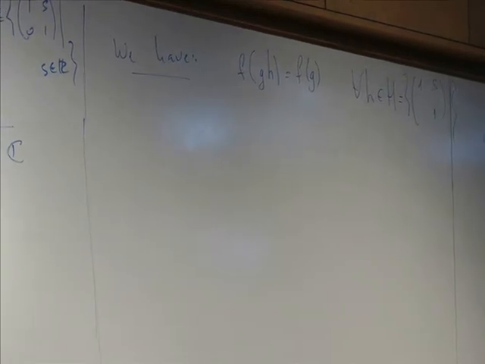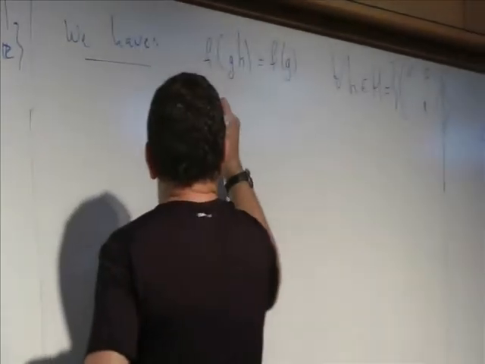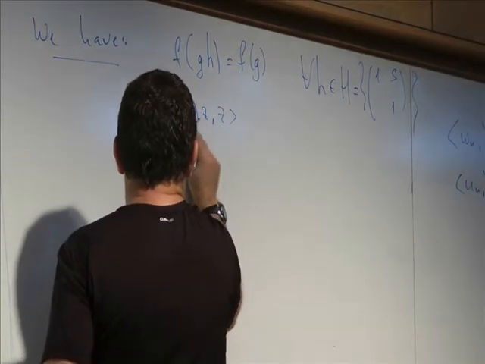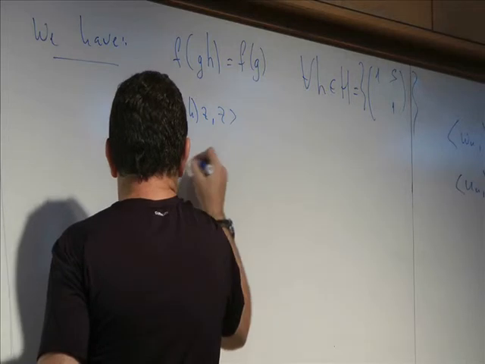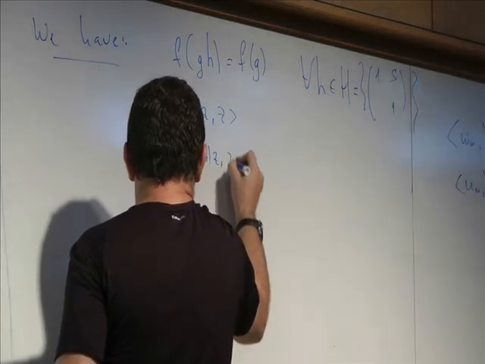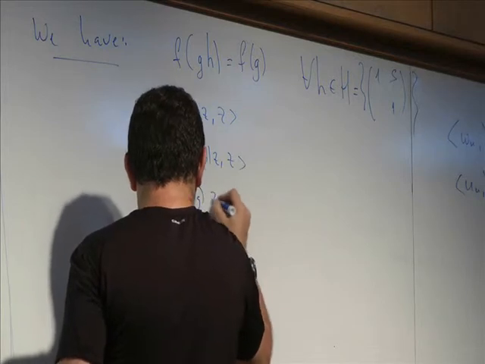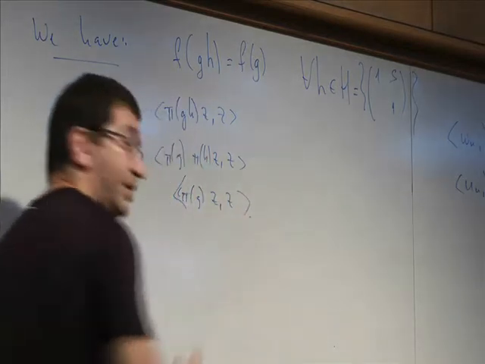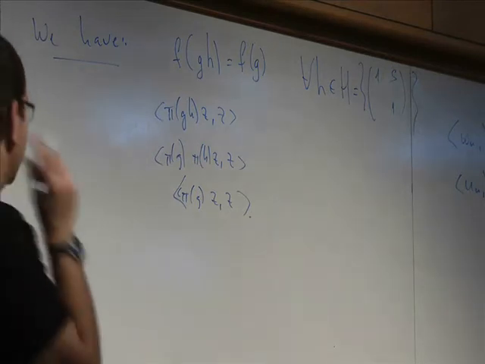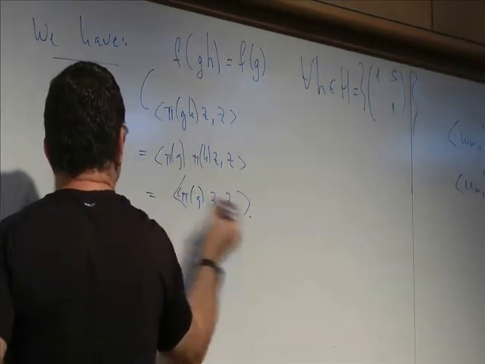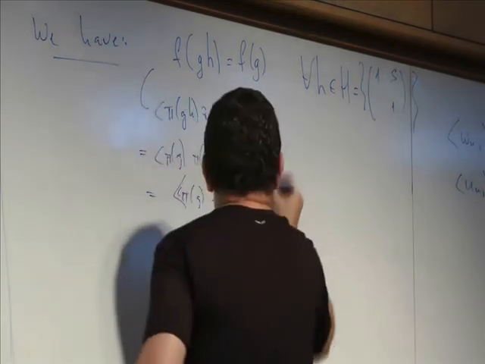You have pi(gh) z, z, and this is pi(g) pi(h) z, z, and this is pi(g) z, z, right? Okay, and this is that.